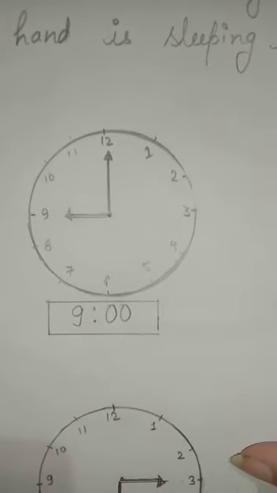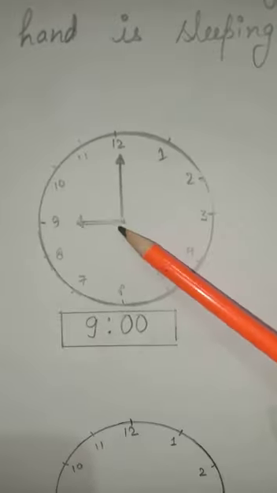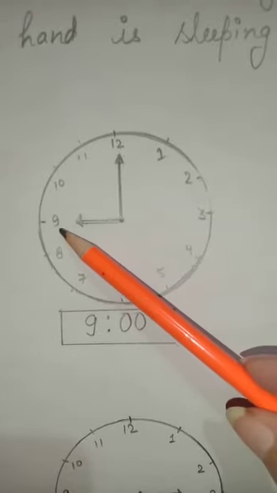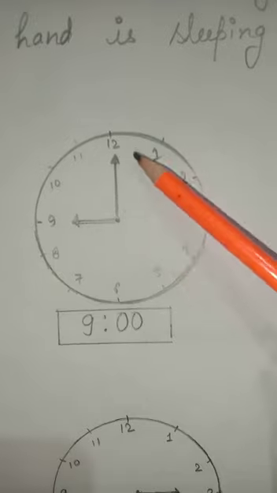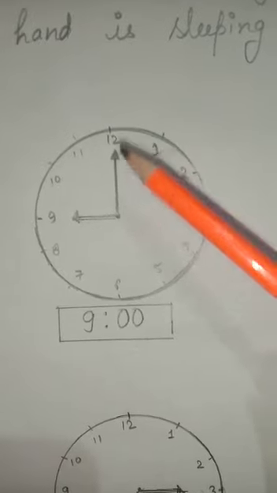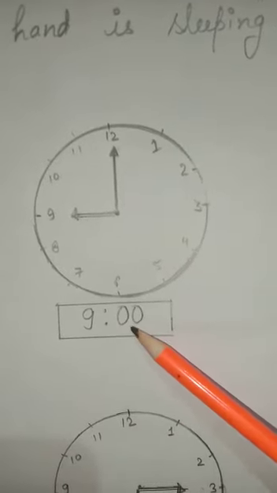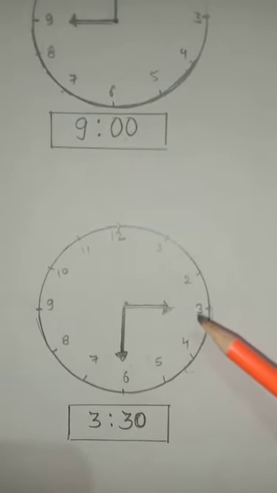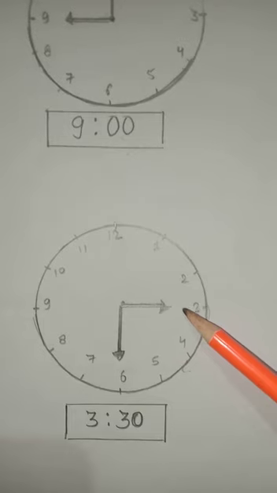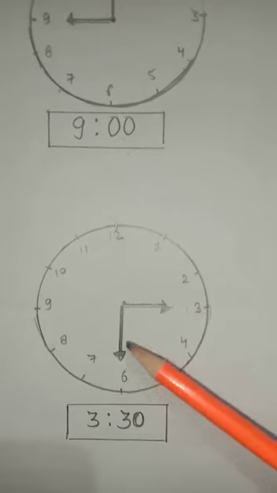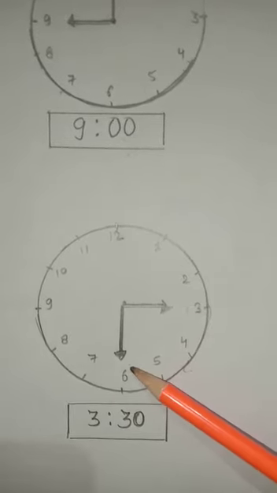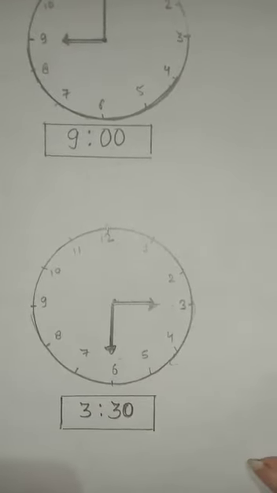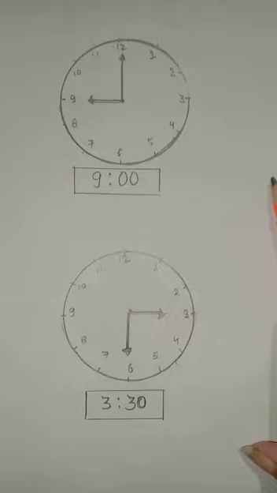See the first watch carefully. In this clock, the hour hand is on 9 and the minute hand is on 12. So the time is 9 o'clock. Okay, now come to the second watch. The hour hand is on 3 and the minute hand is on 6. So the time is 3:30. Hope you understood.